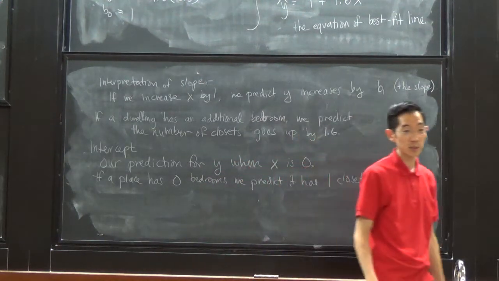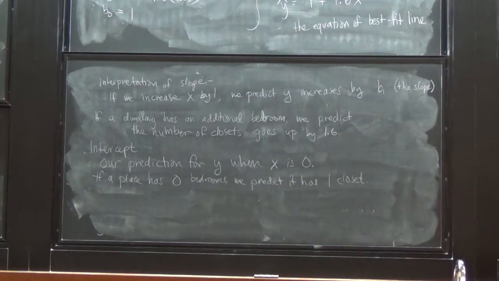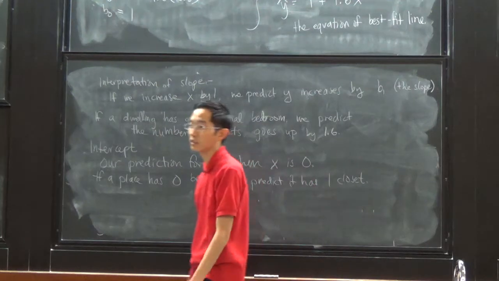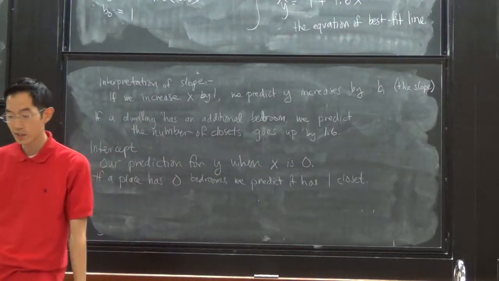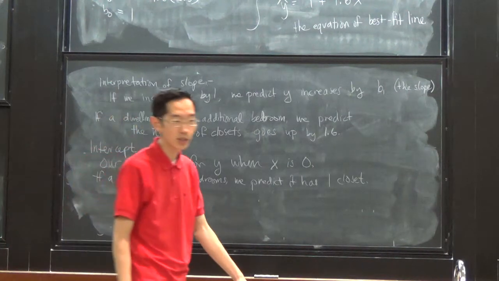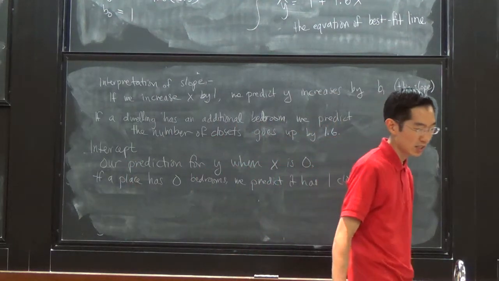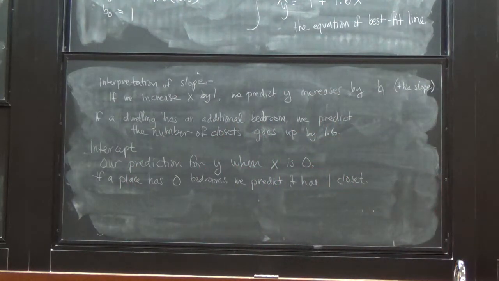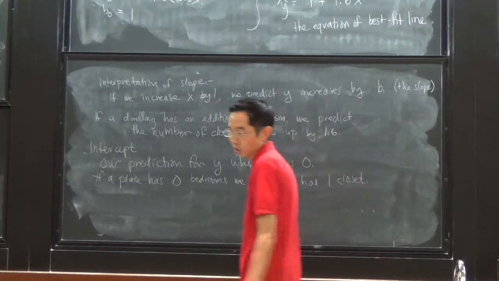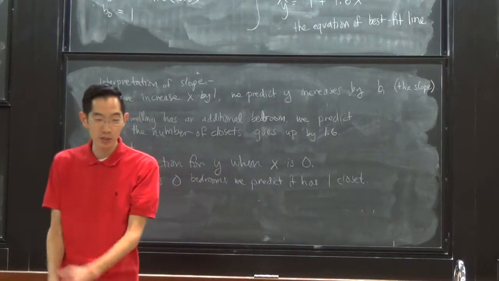Now, it doesn't always make sense to have x equal to 0. If we're talking about the length of a snake, it does not make sense to say the length of the snake is 0. What do we predict the snake weighs? That doesn't make sense. But in some cases, like this one, can a place have 0 bedrooms? Yeah, you could have a studio apartment or things like that, which I think counts as 0 bedrooms. We would predict that it has 1 closet. And that kind of works out in our example here.